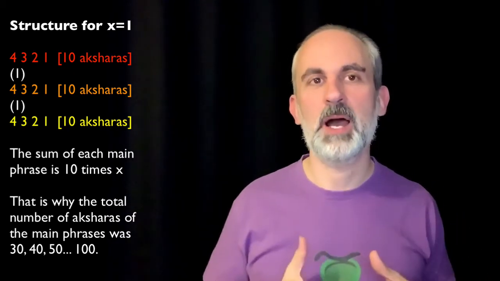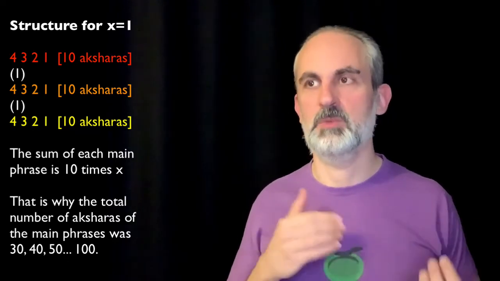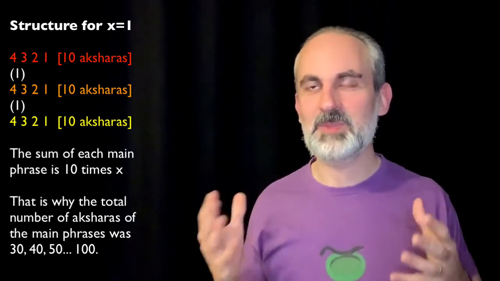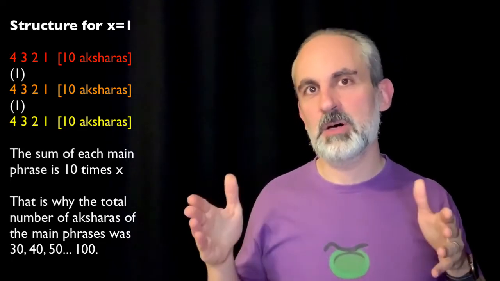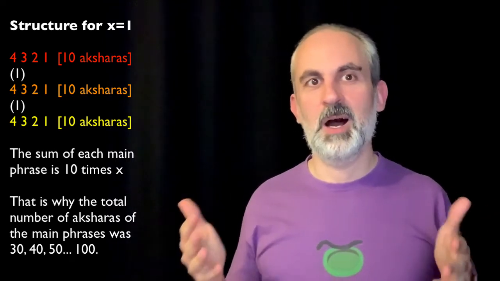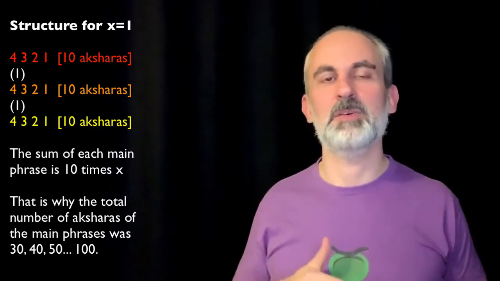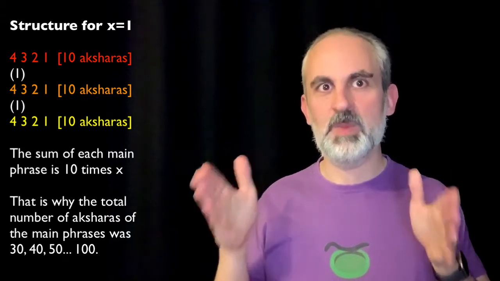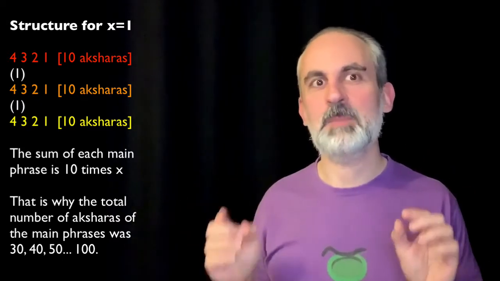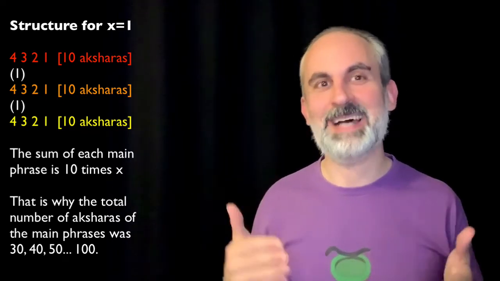That is the reason why in every abhiprayam that we've seen in the recent episodes, I always drew attention to the fact that the sum total of all the main phrases were multiples of 10. So, in the exercise for the phrase of 5, tadikinatom, the main phrase that was 20, 15, 10, 5, the sum of that was 50. And 50 is nothing but our x times 10.